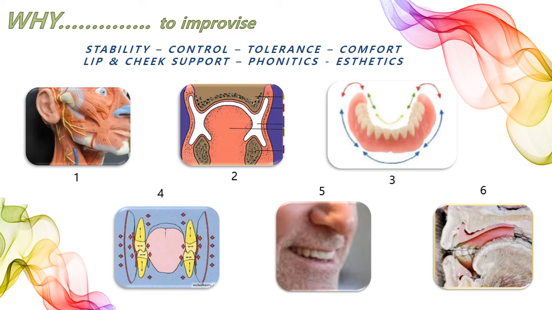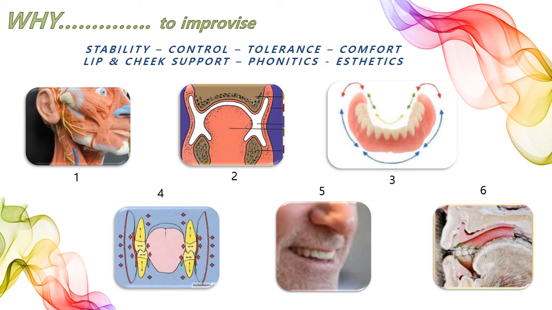The fourth photograph in this slide demonstrates how the forces are generated from the outer and inner musculature and their influence on the complete denture stability. There are two different types of forces generated when the dentures are in function intraorally.